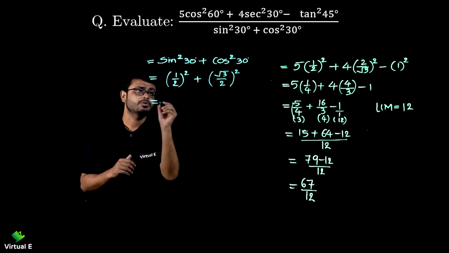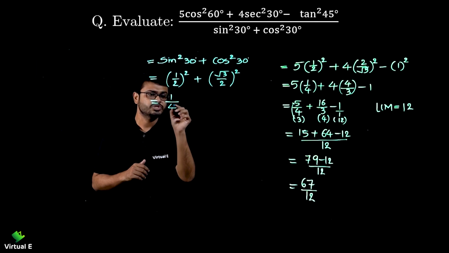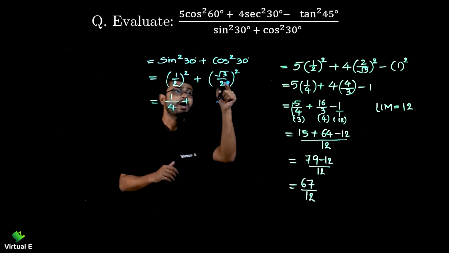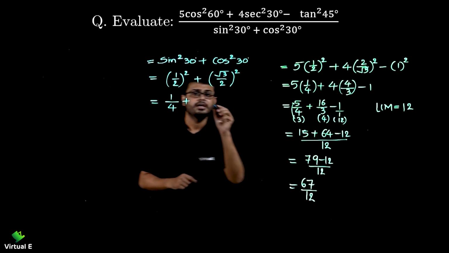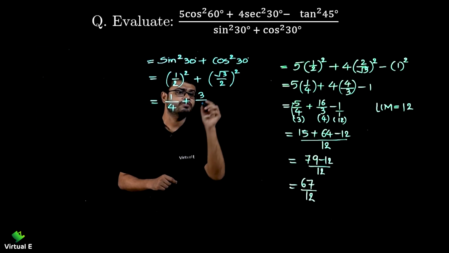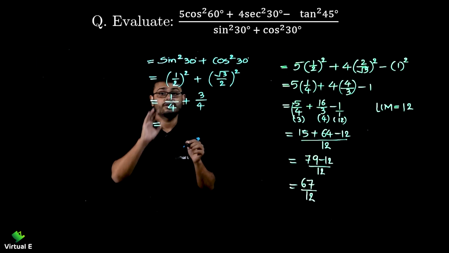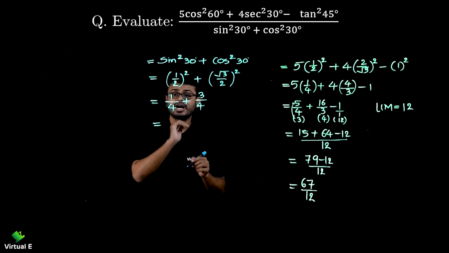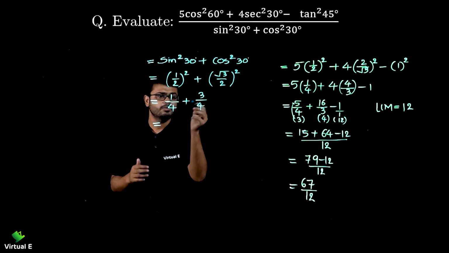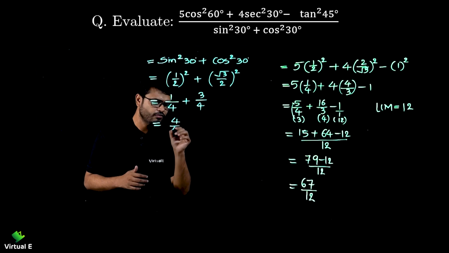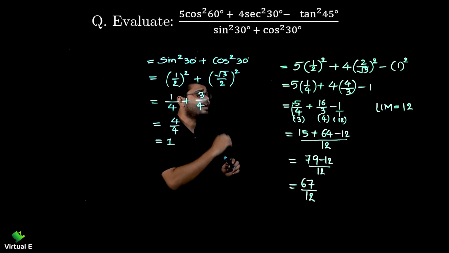So square of 1 only, square of 2 which is 4, plus square of root 3 which will be 3 here, and square of 2 which is 4. So let's add the numerators. Reason behind that, denominators are equal. Earlier we took LCM because denominators were different. So 1 plus 3 will give you 4 over 4. So 1.